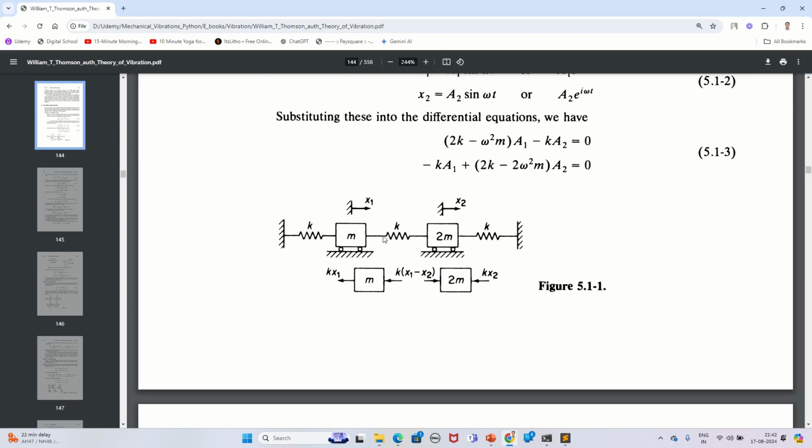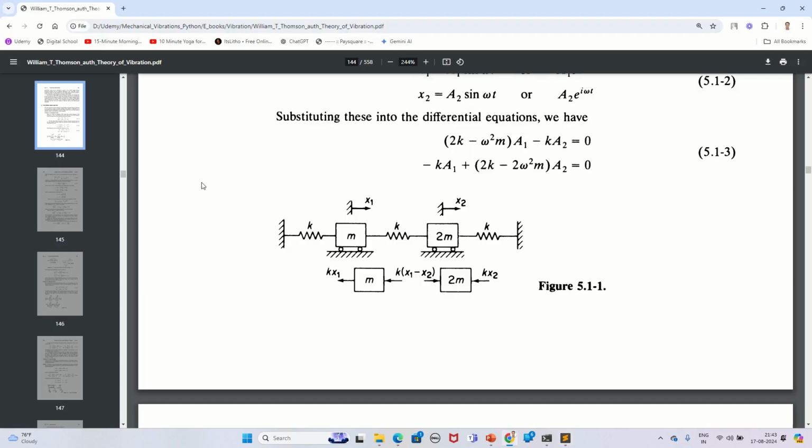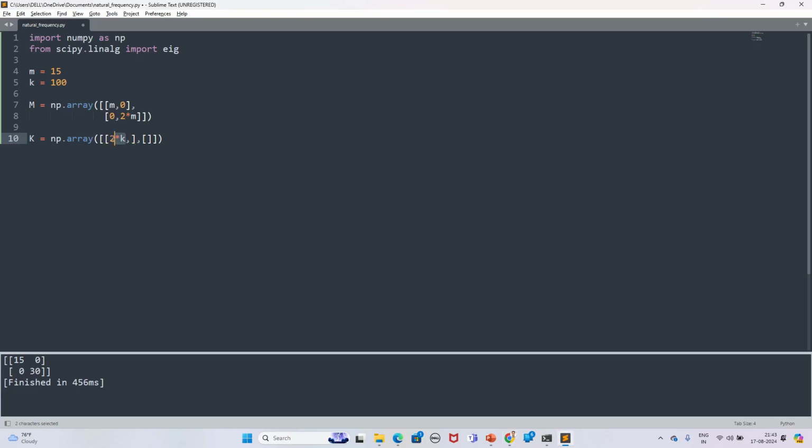There are two springs k and k, so the total would be 2k. Or if there are different stiffnesses, you can put k1 plus k2. For now I will write K11, K12, then K21 and K22. We need to fill in these elements.